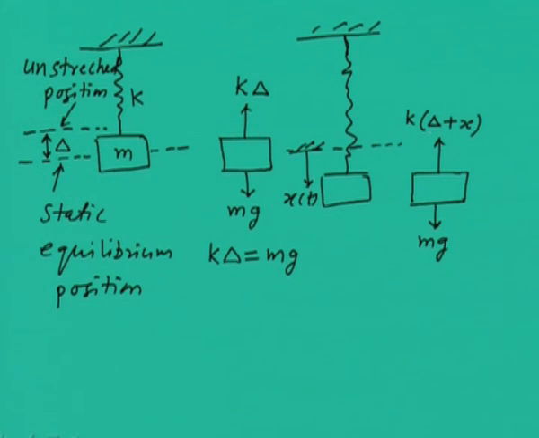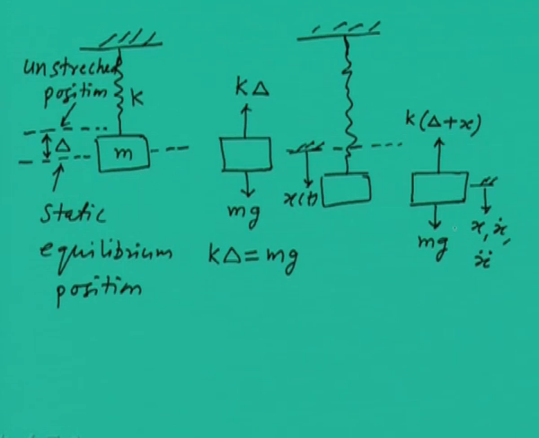So the total spring force will be k into delta plus x, and because the mass is now in motion, it will also have velocity and acceleration components.